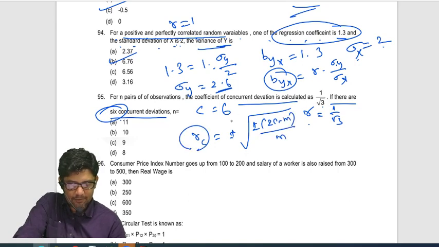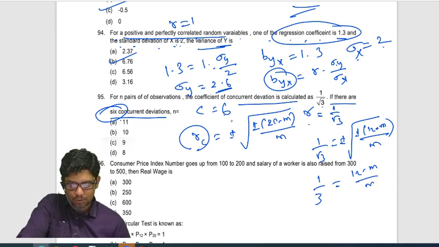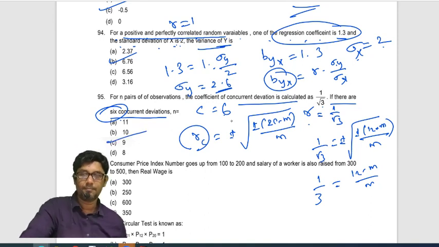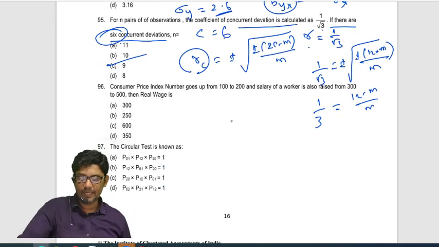Now this is given as 1 by root 3, plus or minus root of plus or minus (12 minus m) divided by m. Squaring on both sides, 1 by 3 is equal to (12 minus m) by m. Just use the trial and error method. Check what answer you are getting. I am getting m equal to 9.